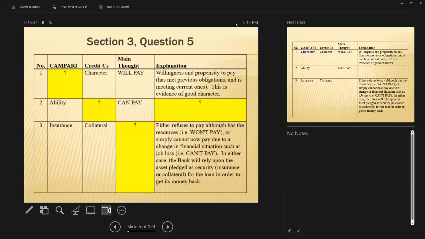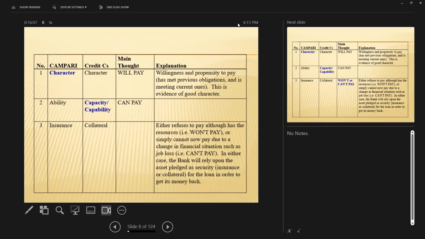Now question 5, section 3. The first blank is character. The second blank is capacity or capability.